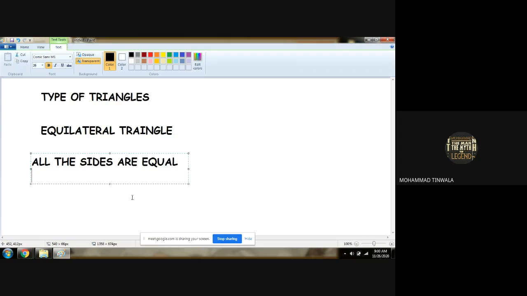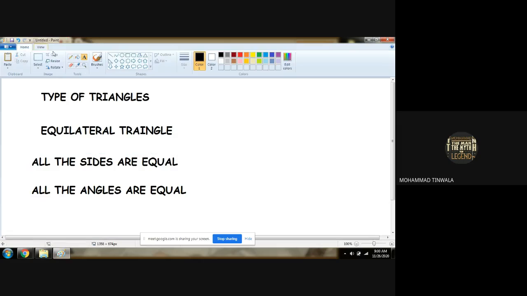And second, all the angles are equal. These 2 points you have to study. What are the 2 points which we have to understand in the equilateral triangle? All the sides are equal and all the angles are equal.